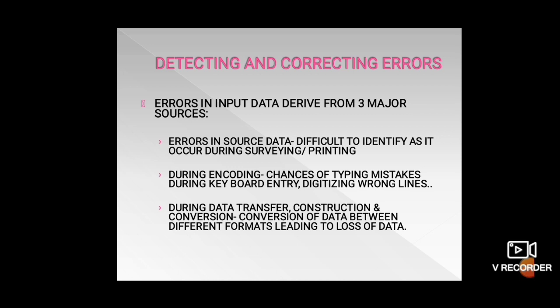These errors are classified under the encoding process. The third type of error generally occurs during data transfer, construction, and conversion. As we convert different sets of data between different formats, this leads to loss of data.